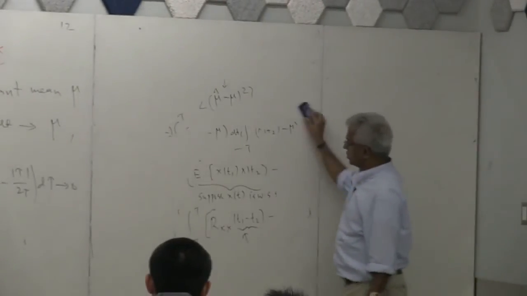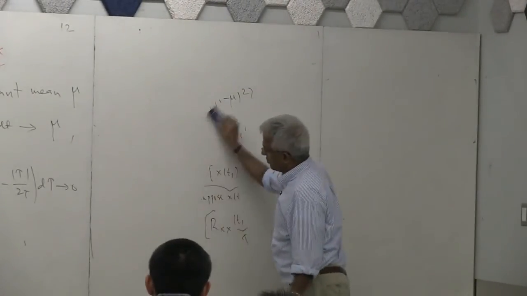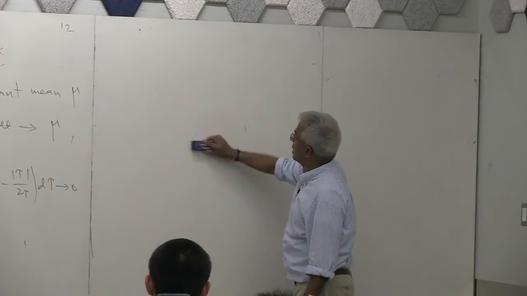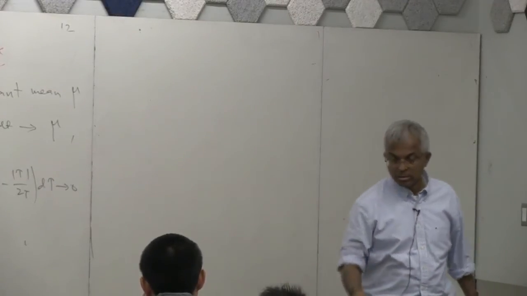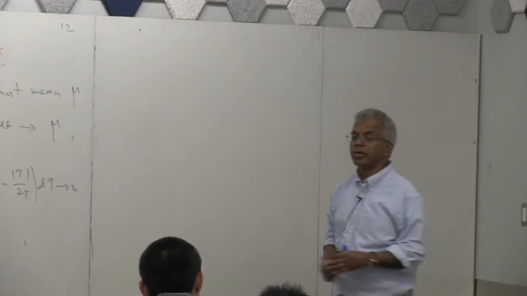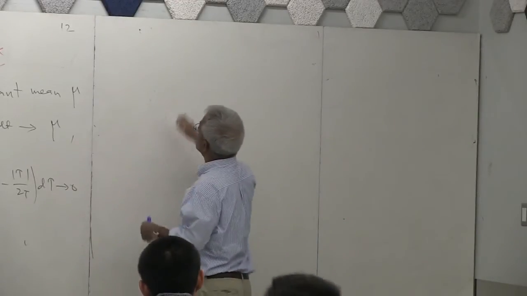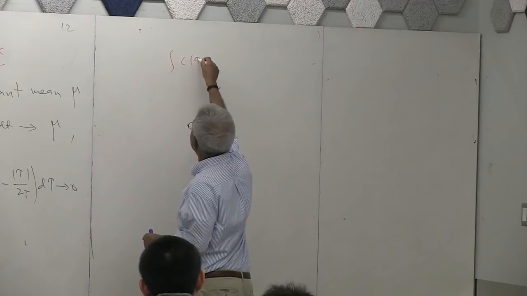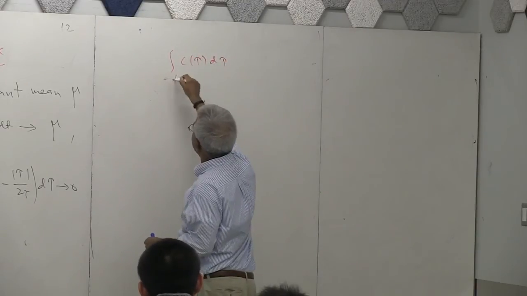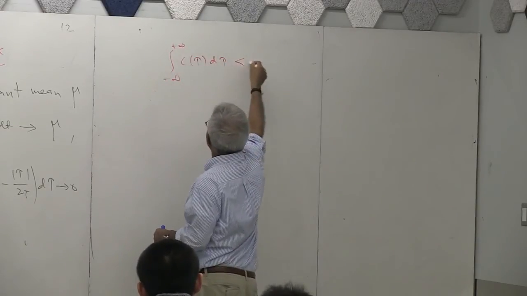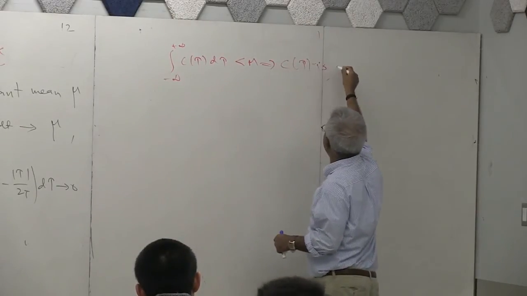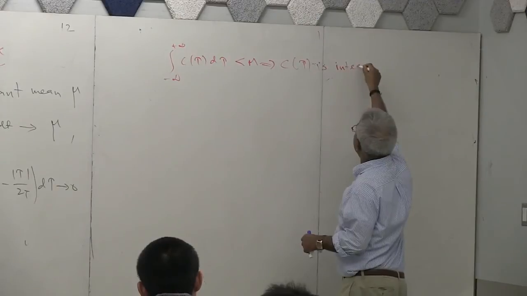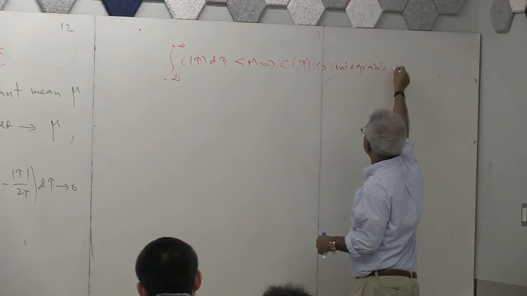Anybody knows the difference between a function being integrable and absolutely integrable? Anybody? So C(tau), what do you mean by integrable? If this quantity is finite, we say C(tau) is integrable. What is absolutely integrable? The integral with the absolute value is bounded.